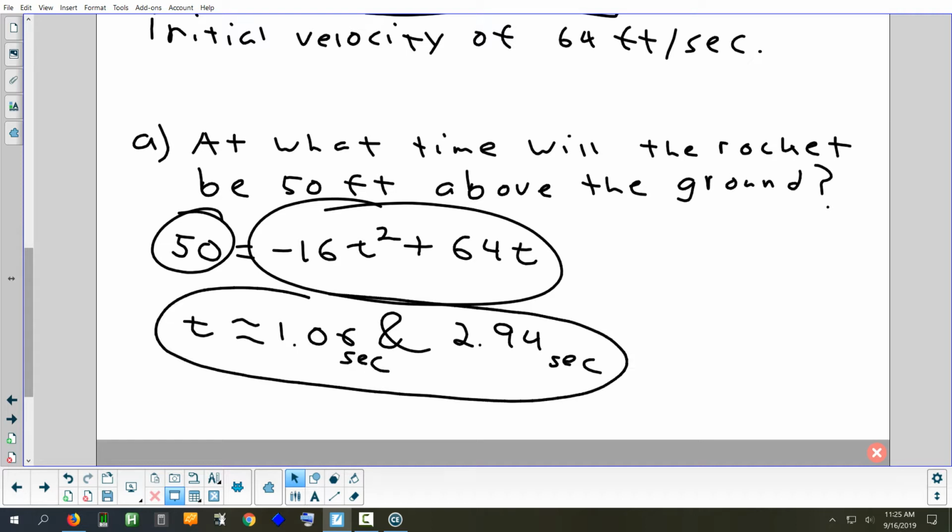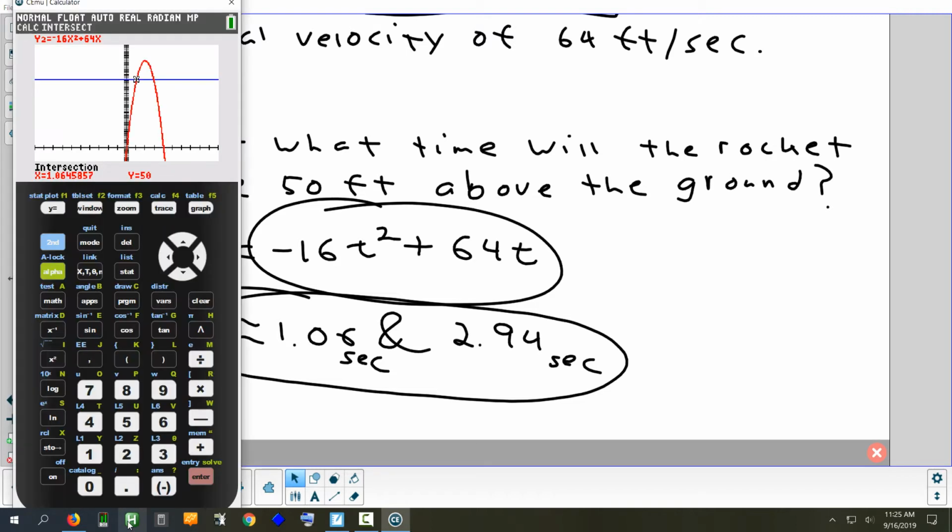How come the rocket hits 50 feet twice? How does that work? What's happening? It goes up to 50 feet altitude, then goes past it, and then descends back to 50 feet again. Yeah. Unless 50 feet was the very maximum that the rocket hit, it's going to hit it twice. It's going to hit it going up, and it's going to hit it coming down.